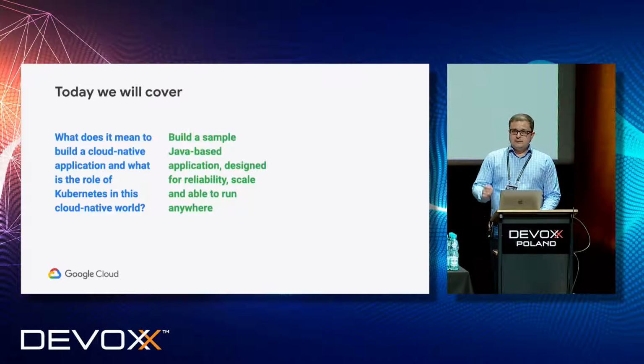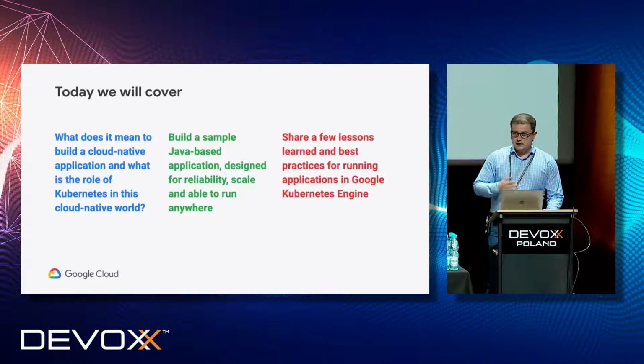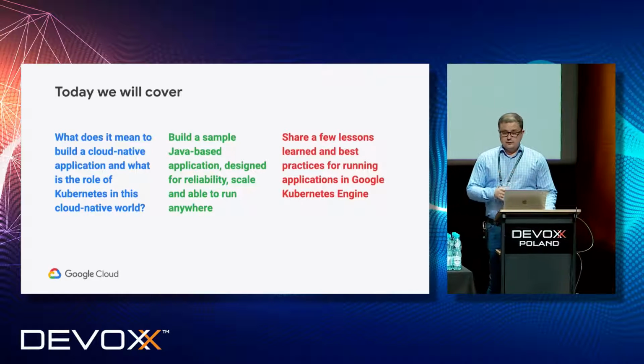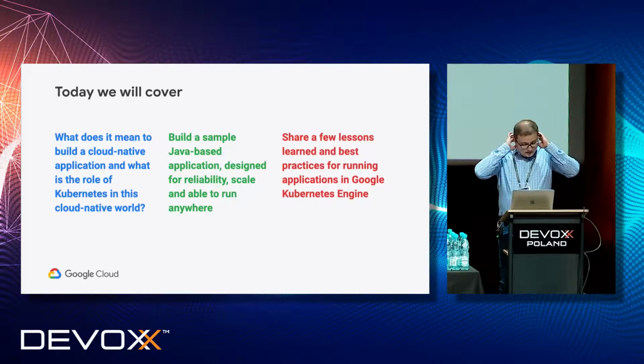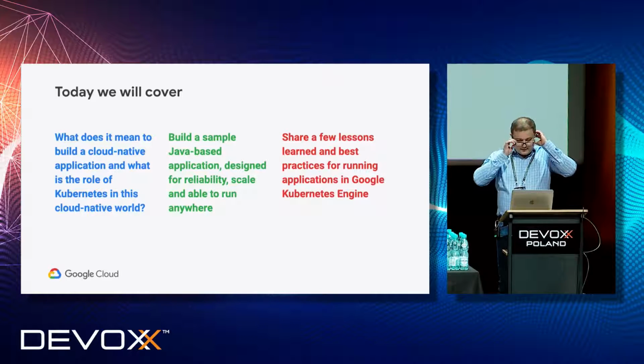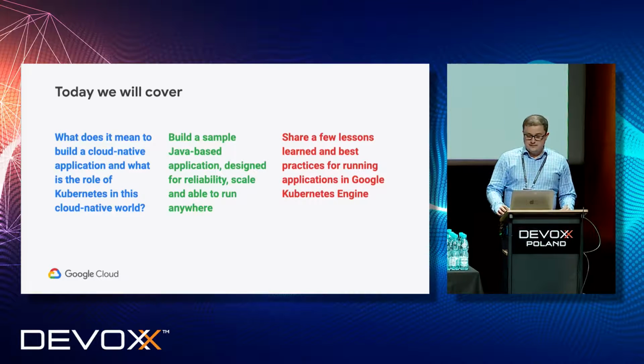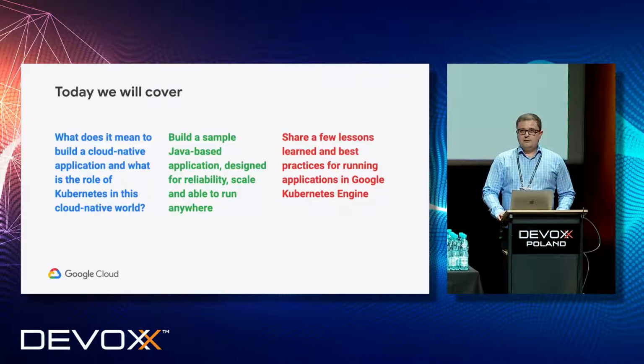We'll also build a sample Java-based web application that is designed for reliability, for scale, and be able to run anywhere. And I'm going to share a few lessons learned and best practices that I tried to discover over time, and specifically for running applications in Google Kubernetes Engine.